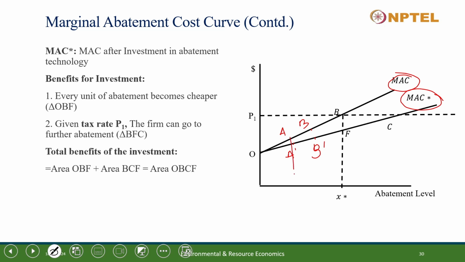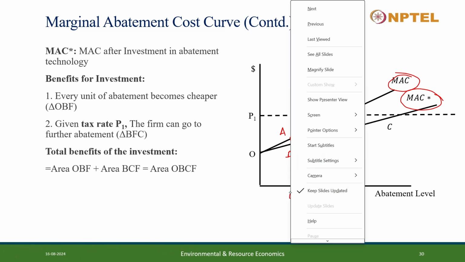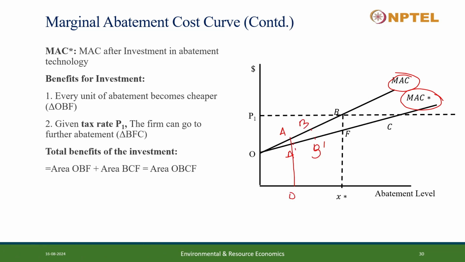Let's say O1A is higher than O1A dash, and O2B is higher than O2B dash.